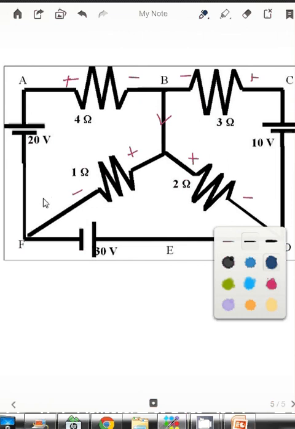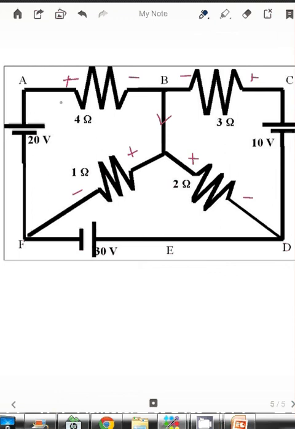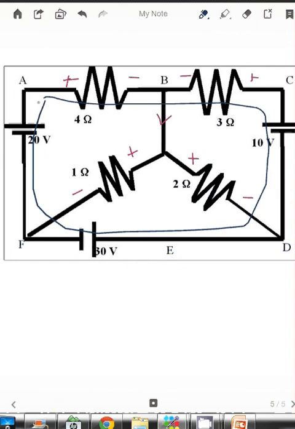All right, so I'm going to pick a loop and I'm going to draw it. I'm going to start here. I'm going to go all the way around the outside. Let's number them too. Let's call that 1, 2, 3, 4, just so we have some things to work with. Okay, here we go.